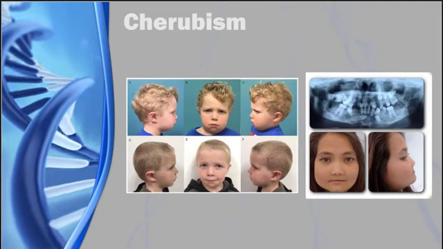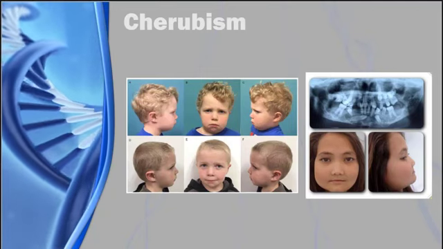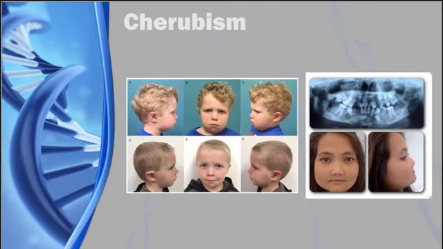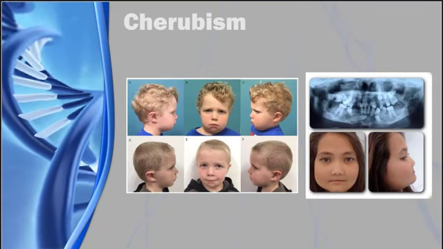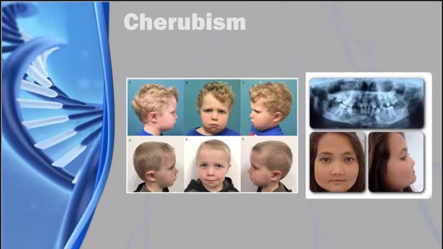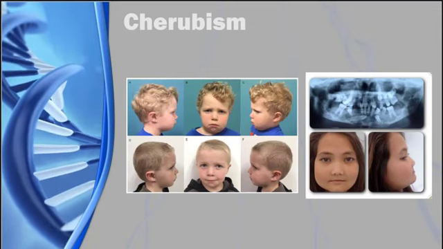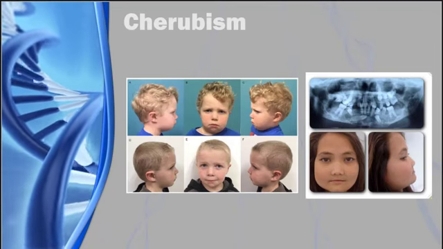If you remember from our earlier lecture, multilocular radiolucencies appear as soap bubbles on X-ray. So cherubism is associated with a soap bubble appearance on X-ray. Now, while this condition is usually self-limiting, surgical intervention might be needed to improve function or just to improve aesthetics.